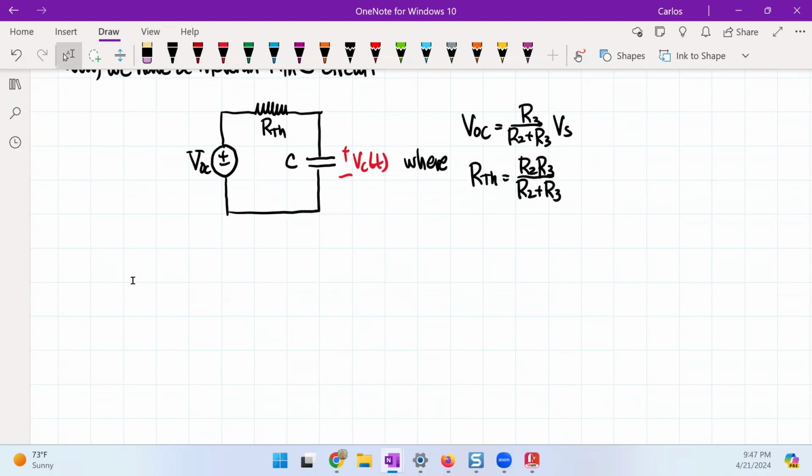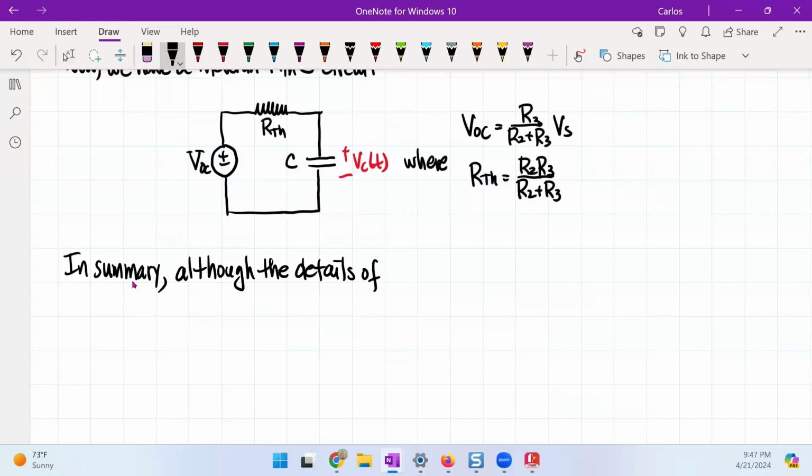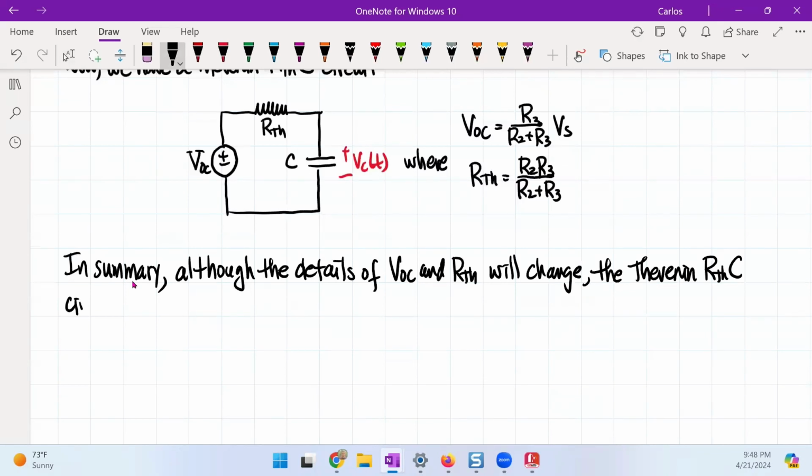Now that I have that, that circuit is always going to be the same. So in summary, although the details of VOC and RTH will change because it depends on the particular circuit that we're dealing with, the Thevenin RC circuit will always be the same.